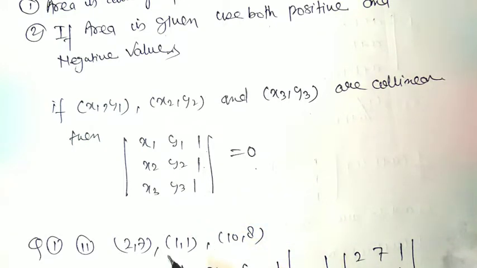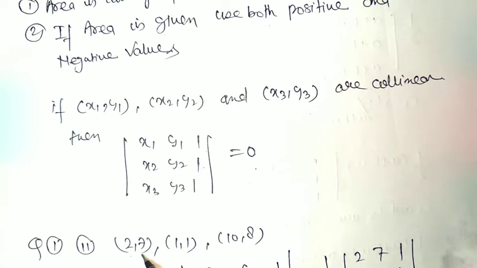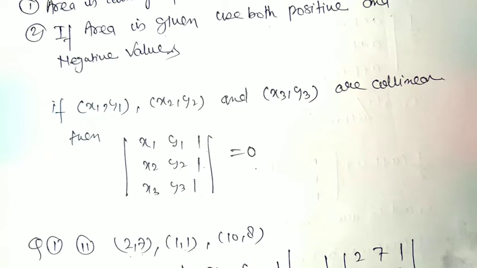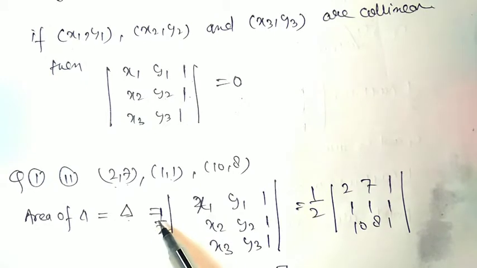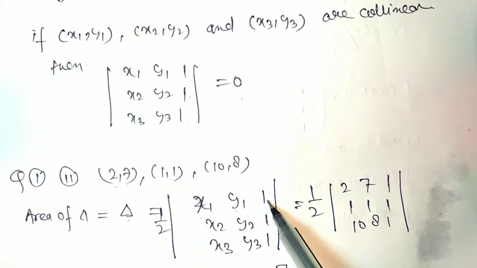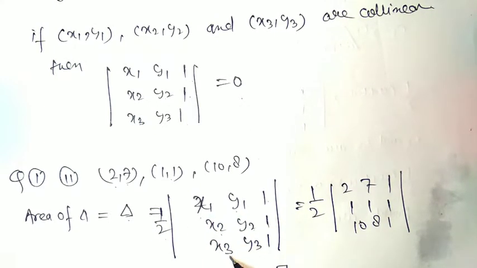Okay, now we are going to solve some questions of exercise 4.3. To illustrate the formula, we have three coordinates (2, 7), (1, 1), (10, 8). Area of triangle equals half the determinant of x1 y1 1, x2 y2 1, x3 y3 1.